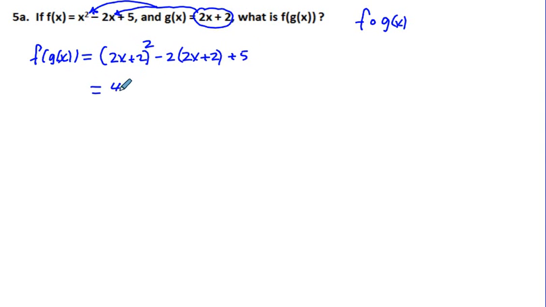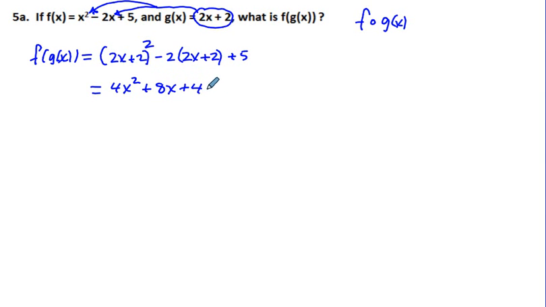So we're going to have 4x squared, which is 2x squared. And then we're going to have 2 times the first term and the last term. So 2x times 2, that's 4x, and that times 2 is 8. So we have 8x, and then plus 2 squared, which is 4.